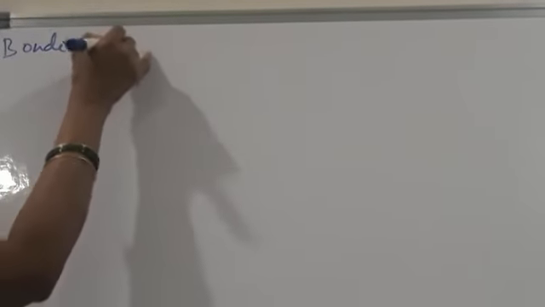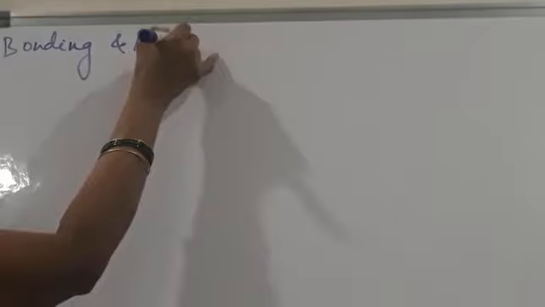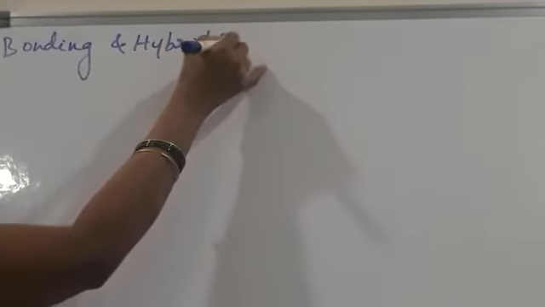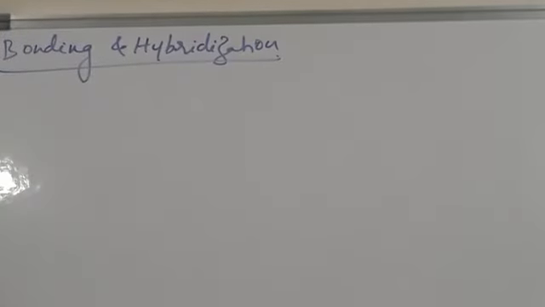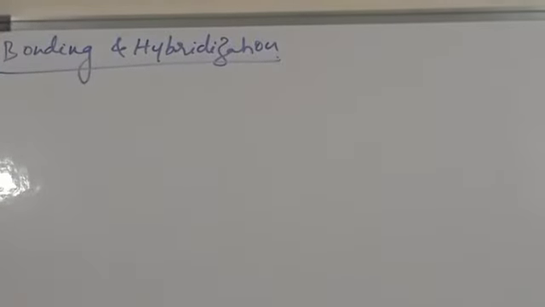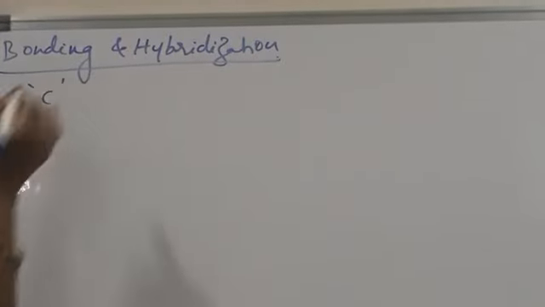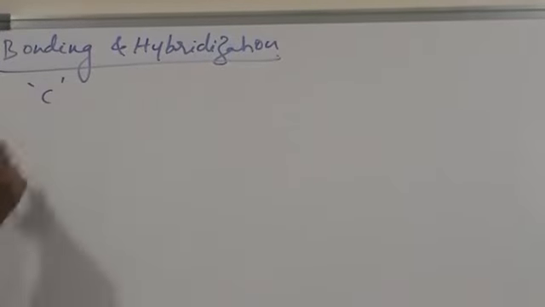Next, bonding and hybridization. So, carbon, ground state electronic configuration in carbon.